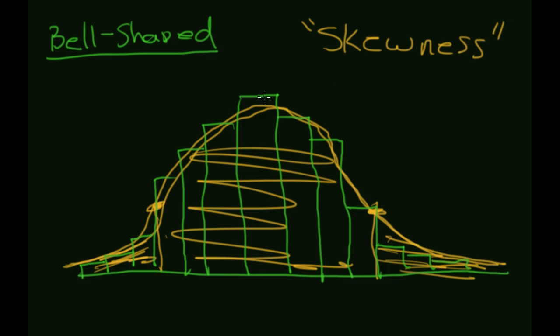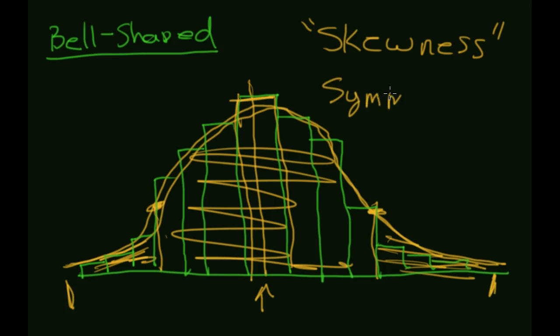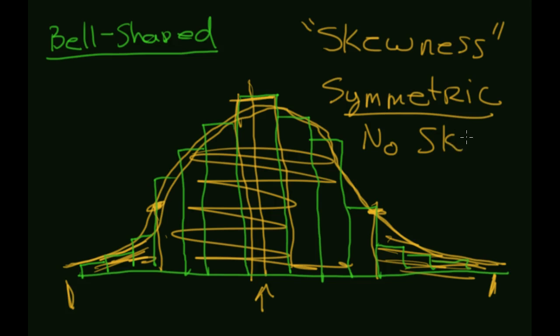Okay, so this particular curve, the high point right there is in the center of the range of data. The tallest part of this is in the center of the range. So this is what we would call a symmetric bell-shaped curve. It has no skew.